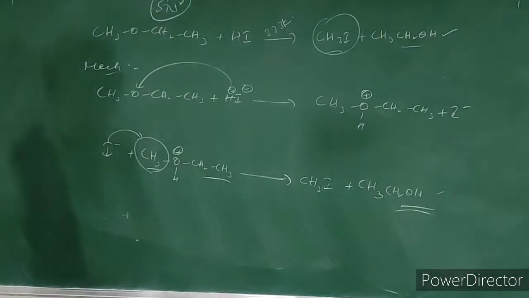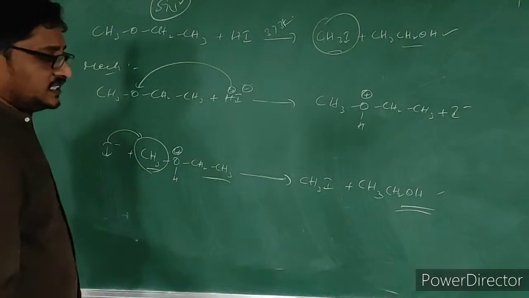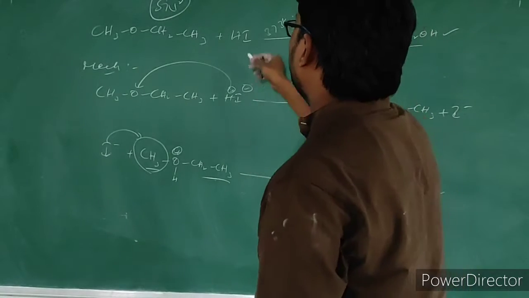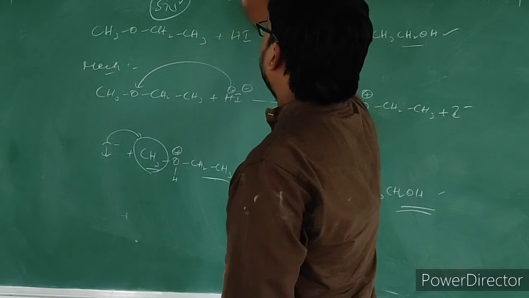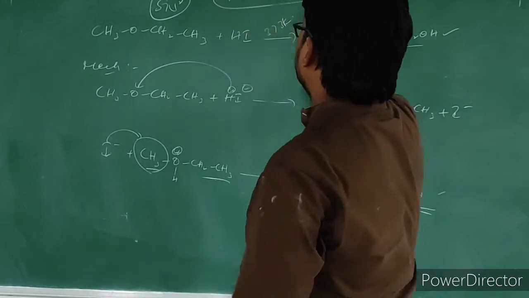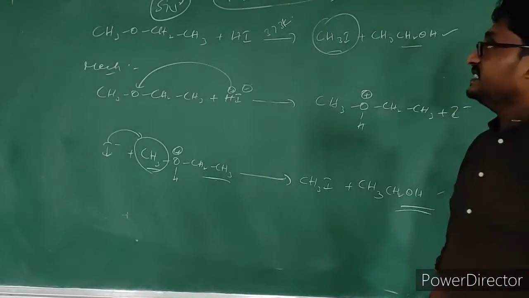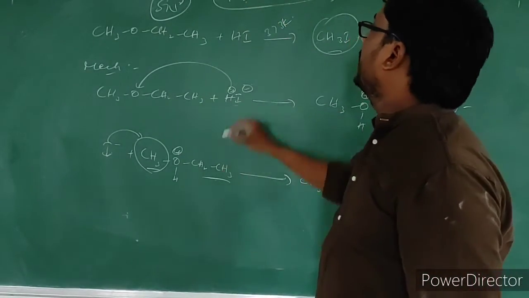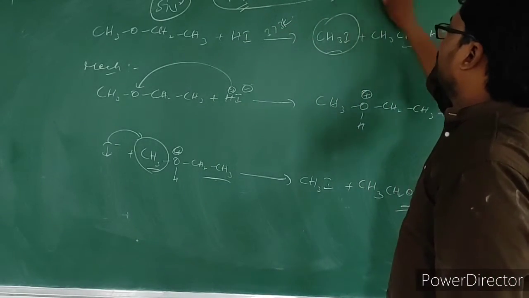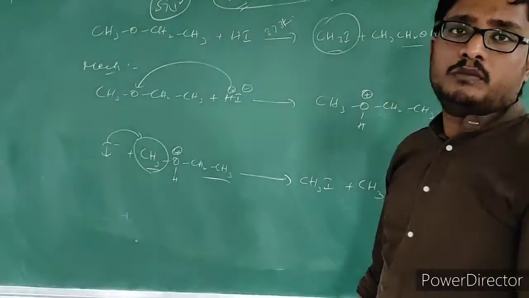And one more thing. The reactivity order of hydrogen halides towards ethers is hydrogen iodide greater than hydrogen bromide greater than hydrogen chloride. The reason is that I minus, which is produced from hydrogen iodide, is a good nucleophile, so it cleaves the C-O bond easily.